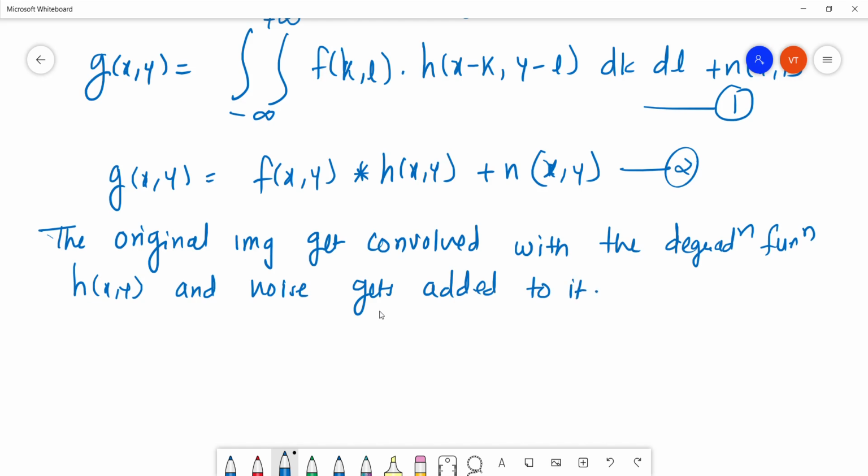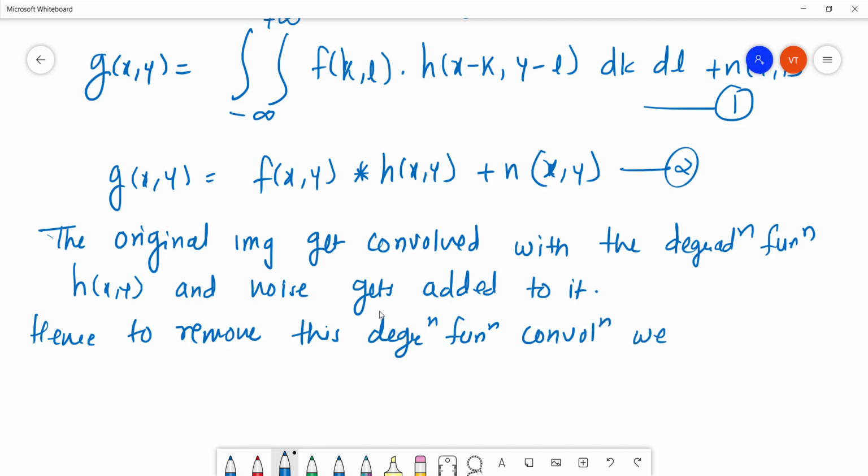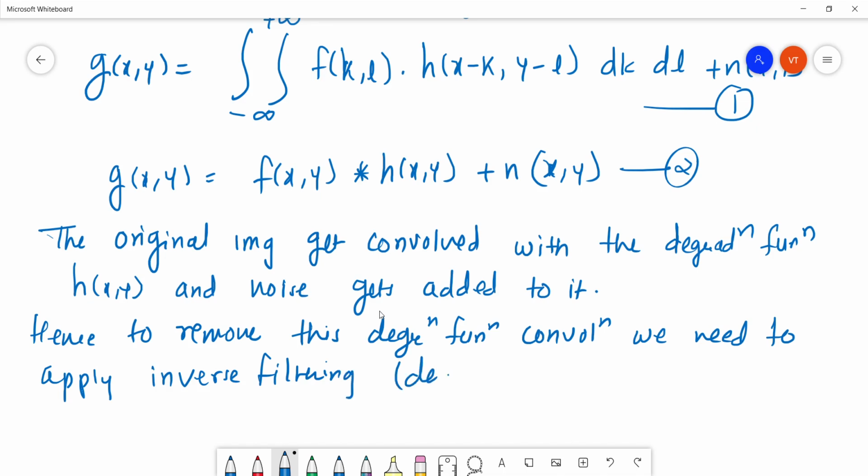Hence, to remove the noise or this degradation function convolution, we need to apply inverse filtering, which is also known as deconvolution, to the degraded image.